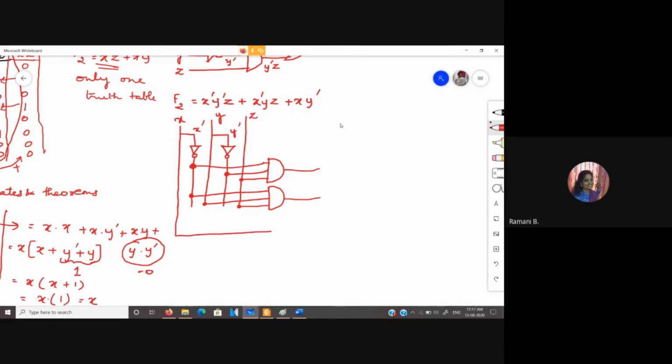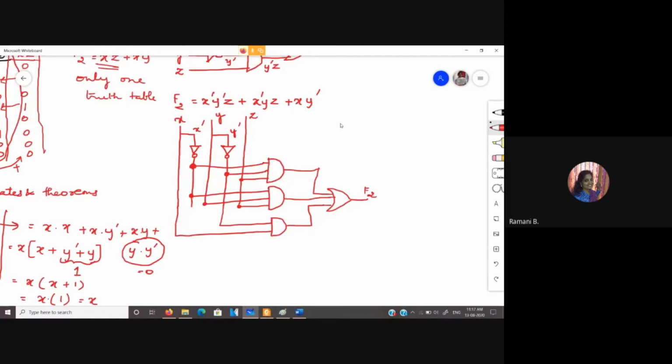So x and y bar. This is a 2-input OR gate. Now all these are given to a 3-input OR gate. So this is my F2.